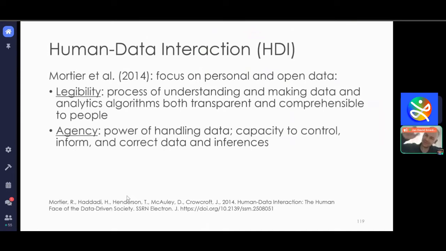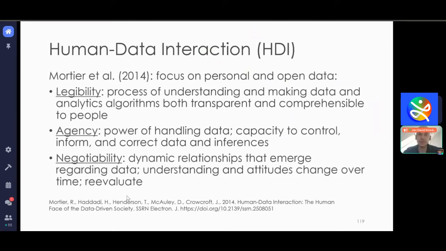It's a very interesting link there to the last session, this whole automation and control debate. And also negotiability, so to see the control over data and sharing of data as a dynamic relationship that emerges and that requires that we understand the attitudes as they change over time and give the opportunity to reevaluate.